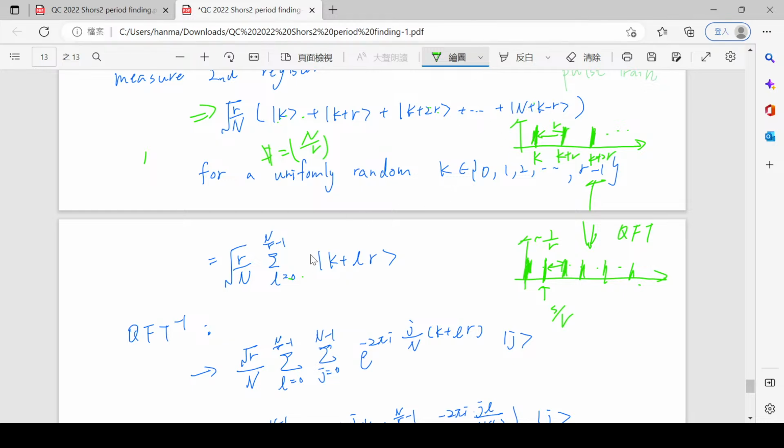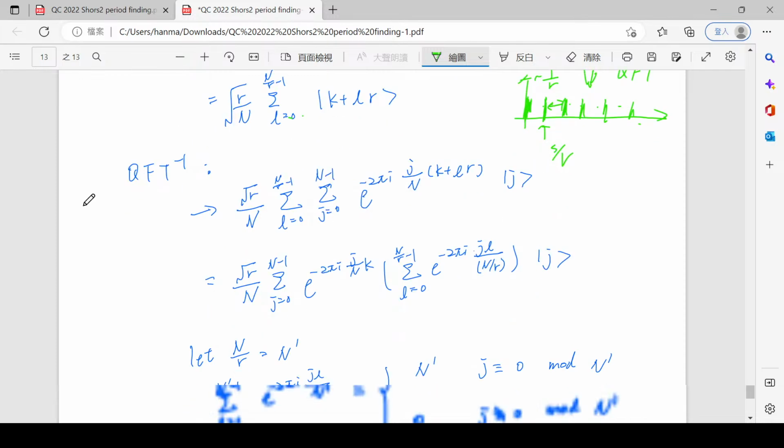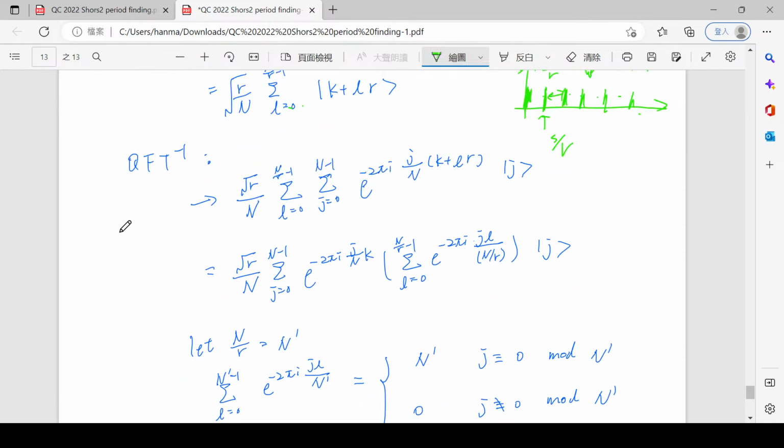Wait, is this correct? Yes. So l from 0 to n over r minus 1, so the number of l is n over r as we expected, and k plus l times r. So we're just rewriting this into a more compact formula.